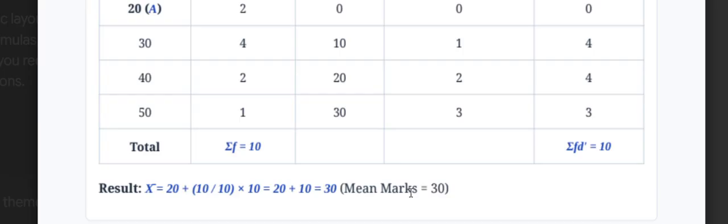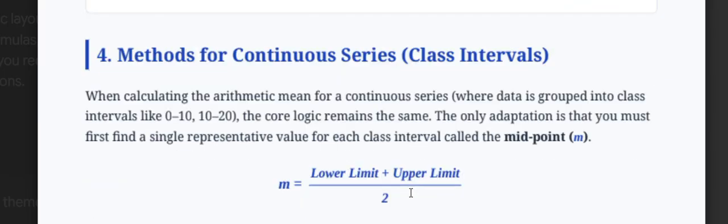Okay. Now, if we talk about the continuous series, we have to first find out x. But in continuous series, x is not written as x, it is treated as the mid value. For calculation of mid value, what we do? We add the lower limit plus the upper limit upon 2.